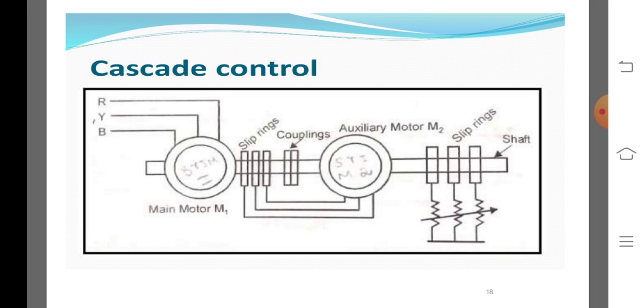So, we have two cascades in this cascade operation: one is cumulative cascade and another one is differential cascade. If P1 and P2 are not equal, four synchronous speeds are possible, two with tandem operation and one for each motor separately.